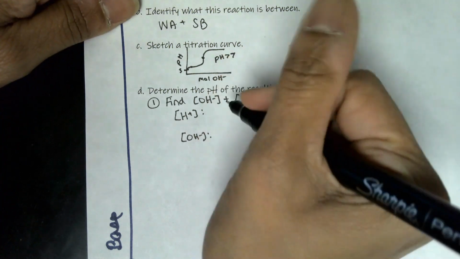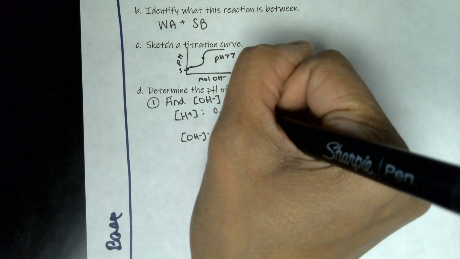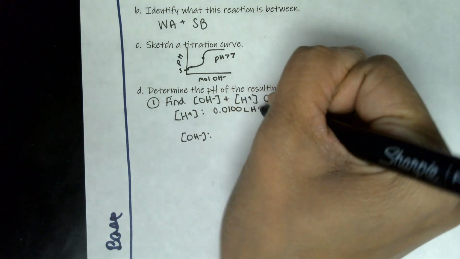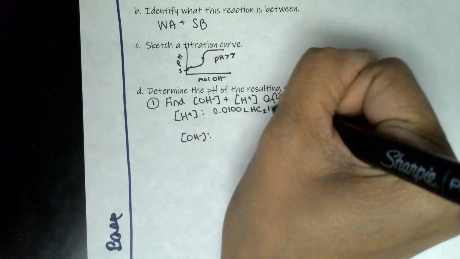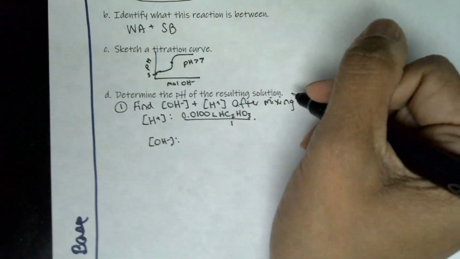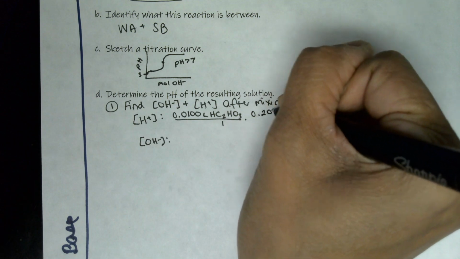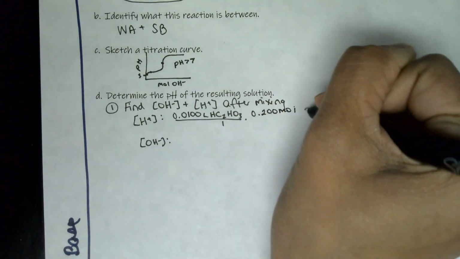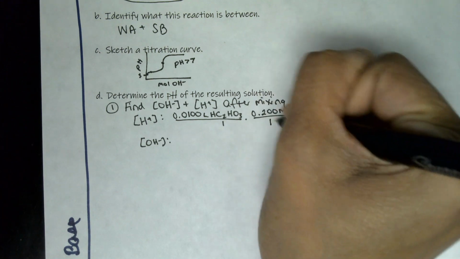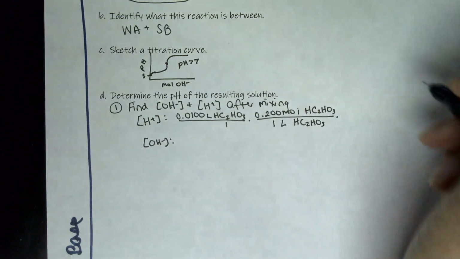So your H plus, my bad: 0.0100 liters of HC2HO3, and we're mixing that, 0.200 moles of HC2HO3 over 1 liter of HC2HO3.